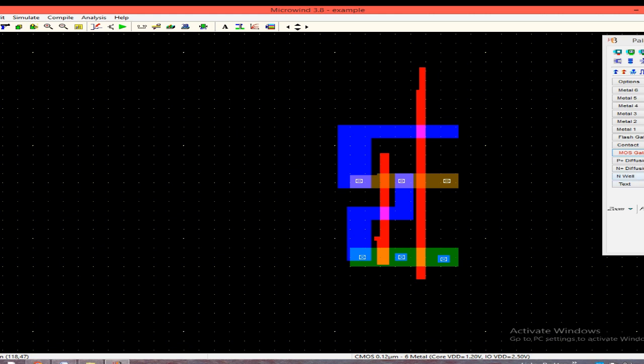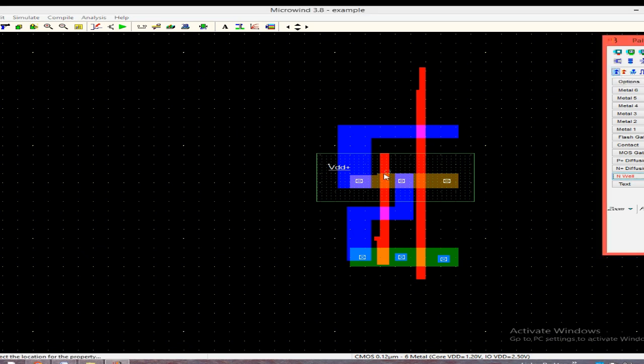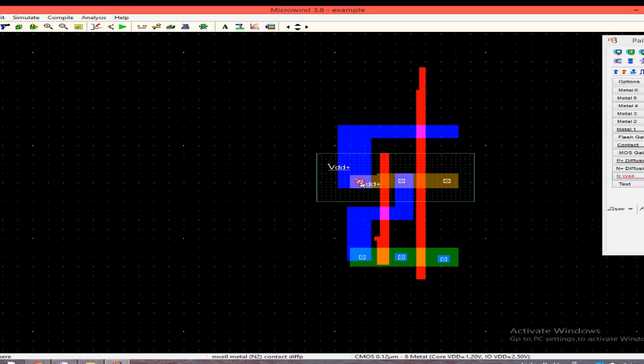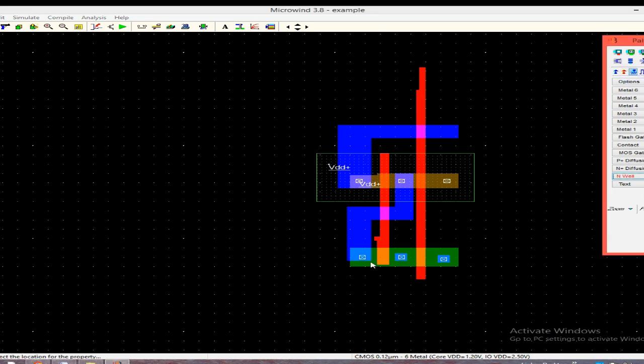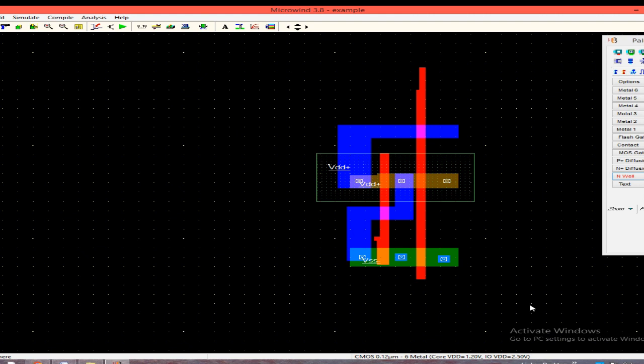Then I will take the n-well over here, and after this I will connect VDD over here, and again take one more VDD over here, and then I will take ground connections over here. For the input side I will decide later; I can also make it now, but I wish to take it later.